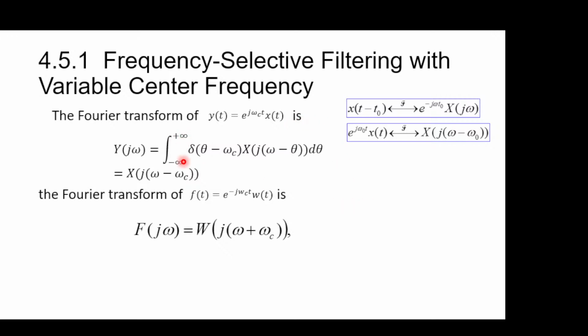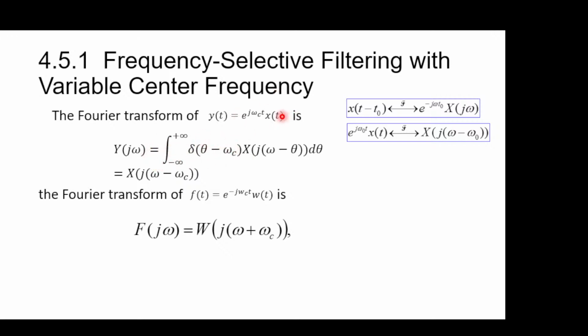There is some 2 pi that cancels. It will be a convolution between the Fourier transform of e to the j omega c t, which is actually 2 pi times a delta, but the 2 pi cancels with the extra 2 pi that we had before.